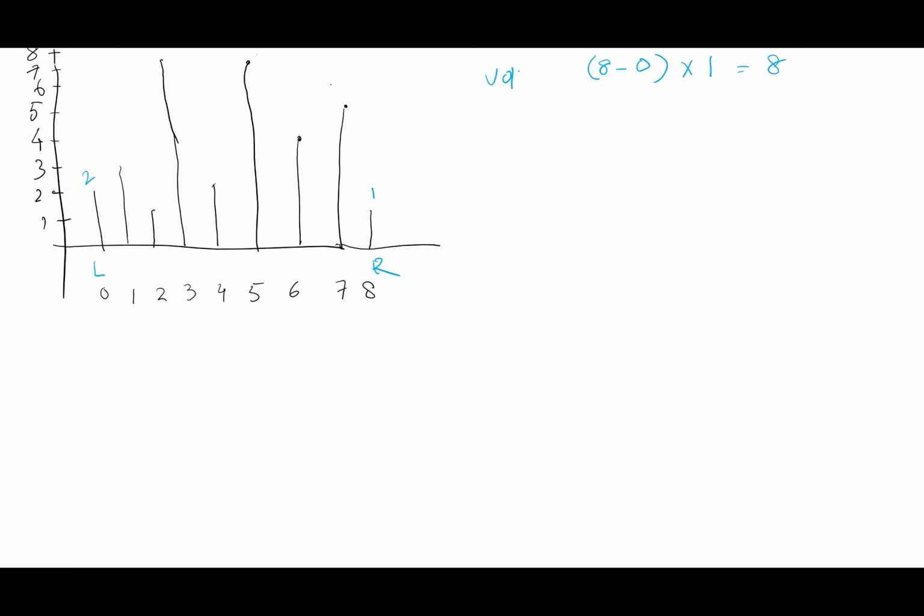Okay, so now how do I move the container? As you can see, this is the widest container, right? And we have a water volume of 8.